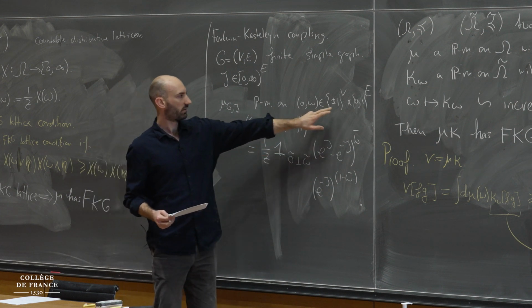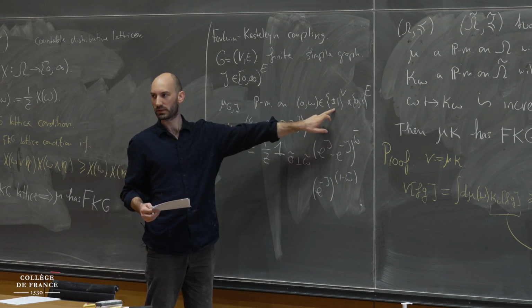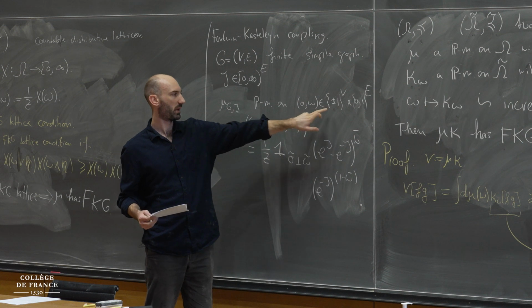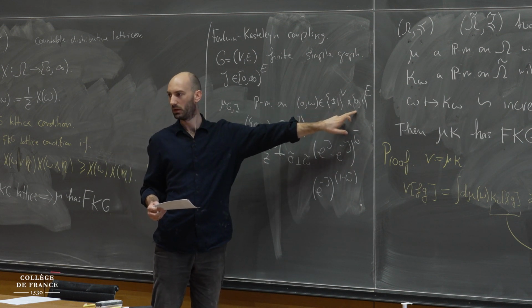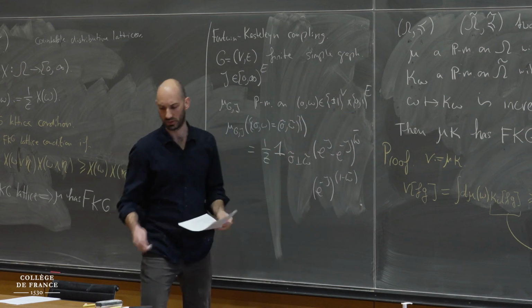We're sampling a configuration on both the vertices and the edges, where we have the spins on the vertices and we have a percolation configuration on the edges.